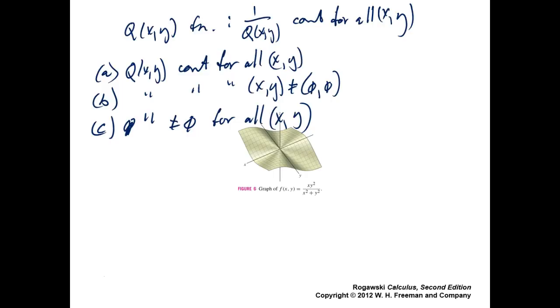C definitely is true, because this can't be 0 for that to be continuous for all x,y. Now, does that mean the other two aren't true? Well, we don't know that for a fact.